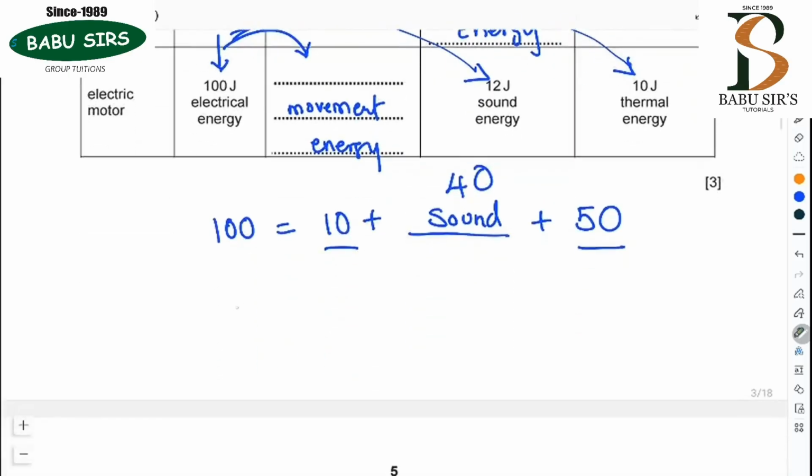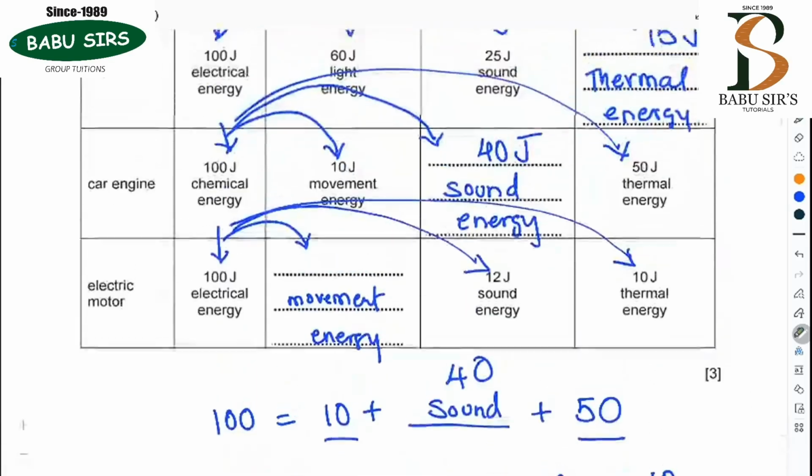So 100 is equal to the movement part plus 12 is sound and 10 is thermal. If you subtract 22 from 100, you will get 78. So 78 joules is movement.